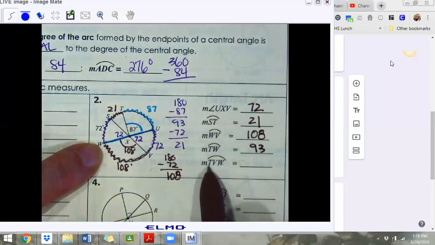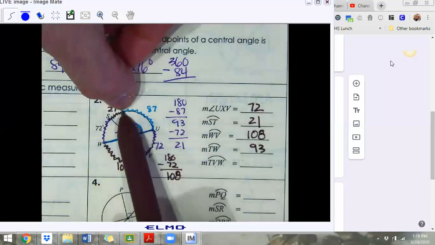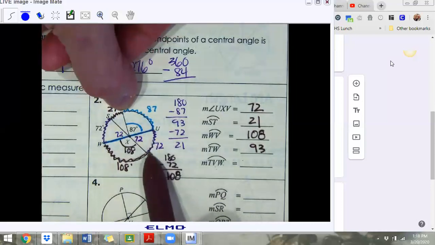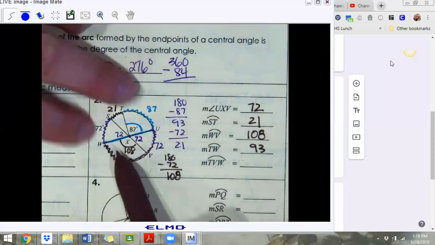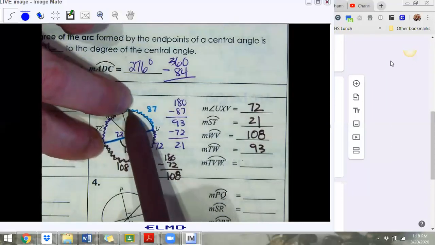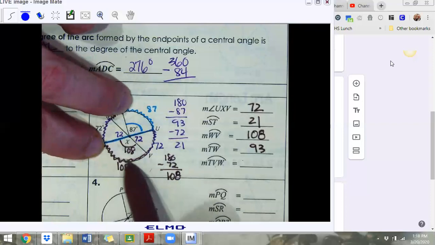And then TVW. So TVW either has to equal 180 or be greater than 180 because it's 3 letters. So it's a major arc or a semicircle. So T through V, ending at W. So T to V to W. So I'm going to add up all of these.